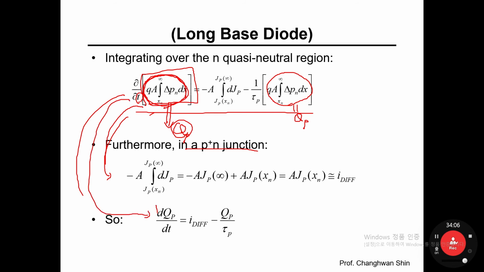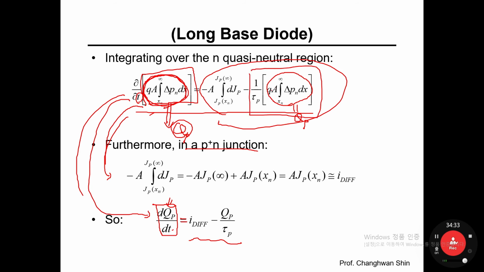Under forward bias, the charge stored inside by holes as a function of time t is equal to what? The answer can be found from this equation. By the way, the second term can be simplified as minus Qp divided by tau p, so you can get this.